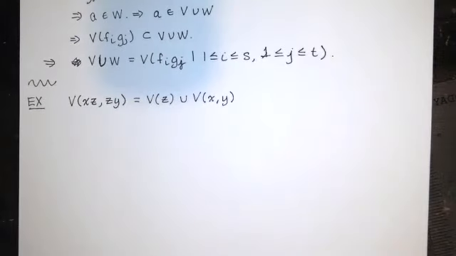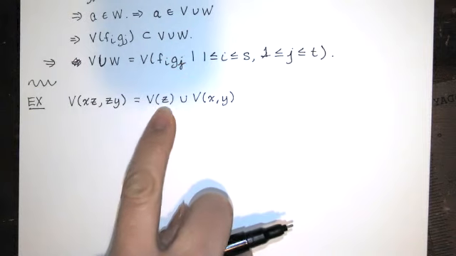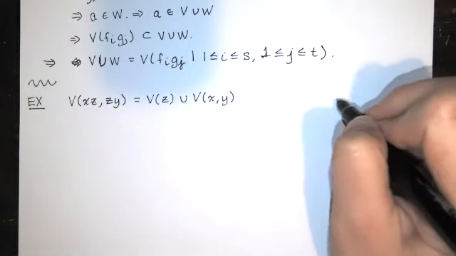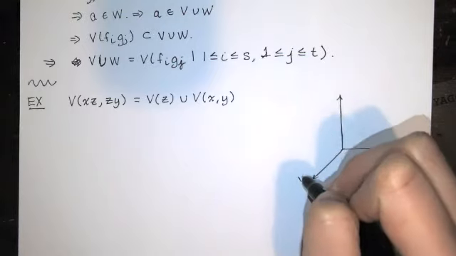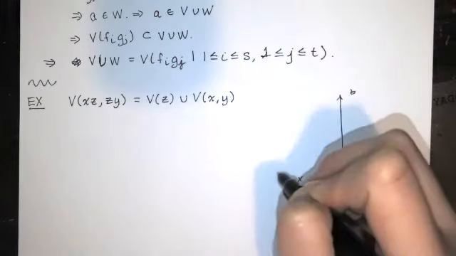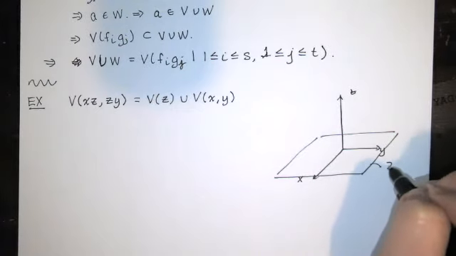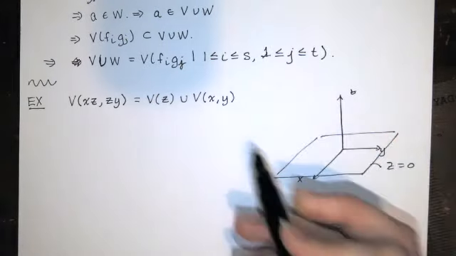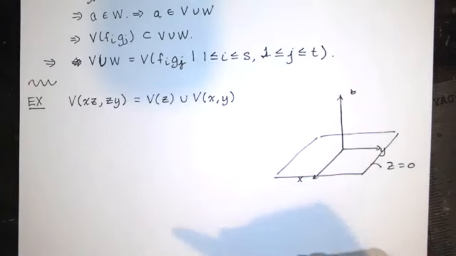And that makes sense. Think about what this variety is. This is the set of all points where z is equal to 0, and z is equal to 0 in the xy plane. And this is the set of all points where x is equal to 0 and y is equal to 0. And if we're in three-dimensional space, z is free to be anything.